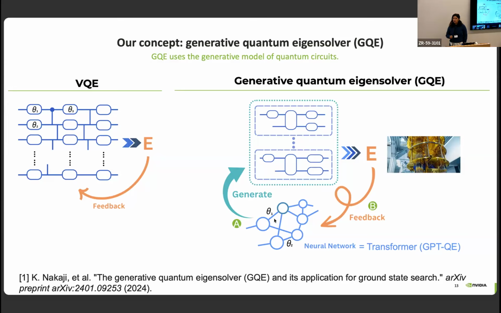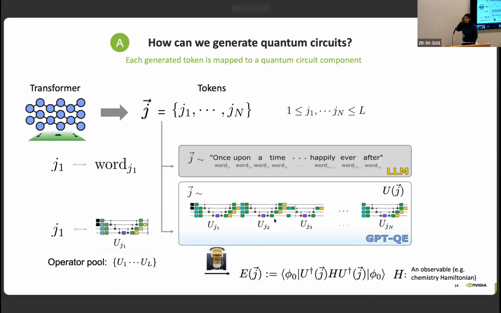So you run these parameterized classical models, and I'll talk a little more about what specifically that classical model is. Then you generate circuits, run those circuits, and feed that back into your classical models, and that's how you train your parameters, right? The idea is that you can get around some of the training problems that are inherent to quantum parameterized circuits.